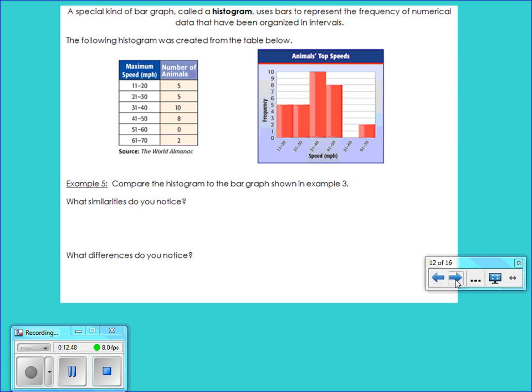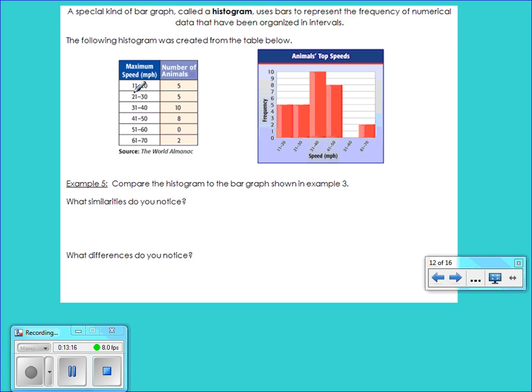Now, a special kind of bar graph is called a histogram. And this one uses bars to represent a frequency of numerical data that's been organized in intervals. Okay? So, in the following bar graph, we're looking at a number of animals, again, that have a speed between 11 and 20 miles per hour.